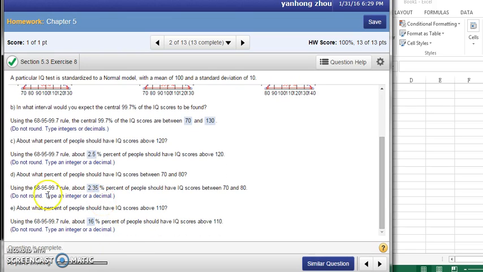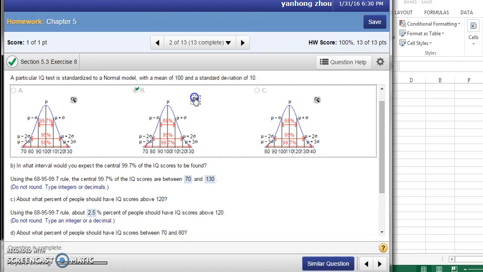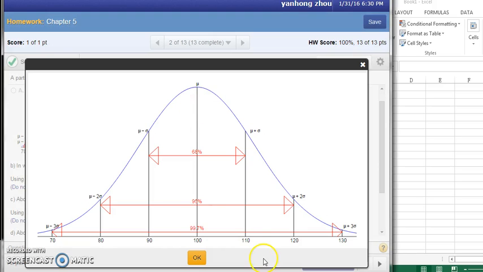Okay. Part E. About what percent of people show IQ scores above 110? Okay. Above 110. Let's look at 110. Here's 110. So we need to know what is the area, the percent of the area on this side, greater than 110. Okay.